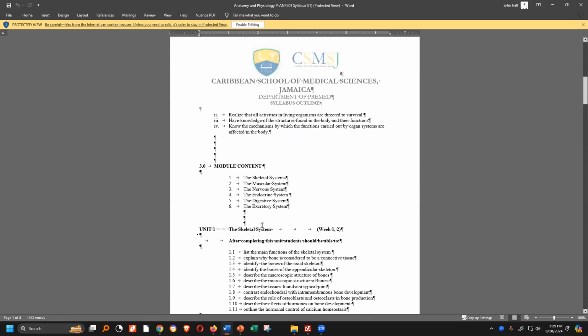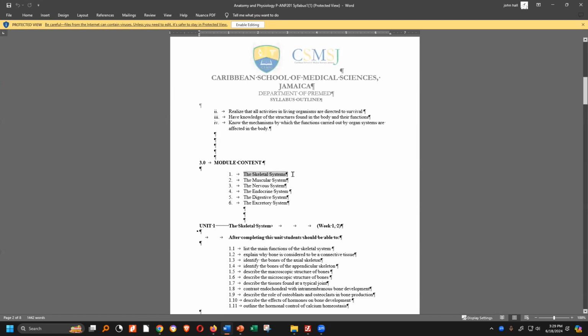Right. So we have 6 units here. Skeletal, muscular are 2 of the longer units. Then we have nervous system, which is also another long unit. But endocrine system is pretty short. Digestive system is relatively short. And then we have excretory system.